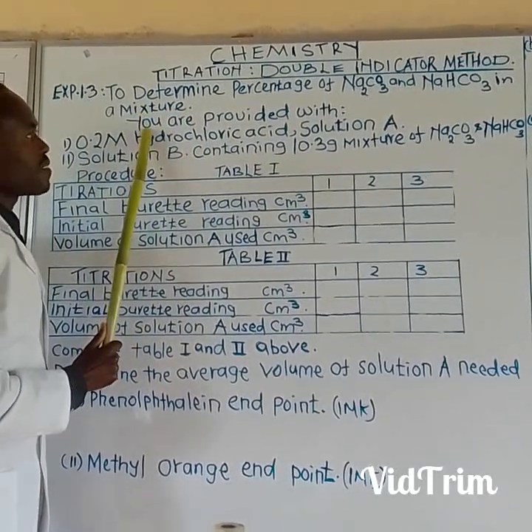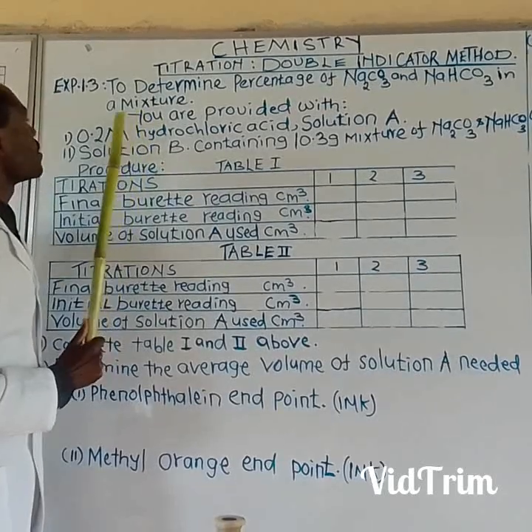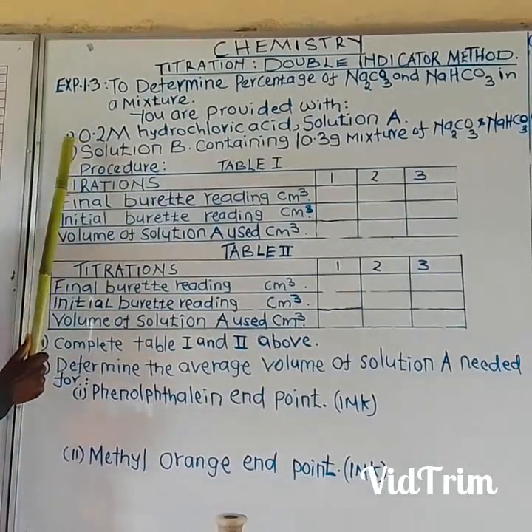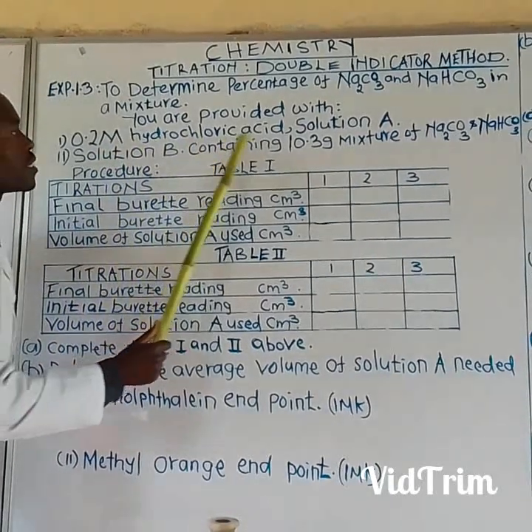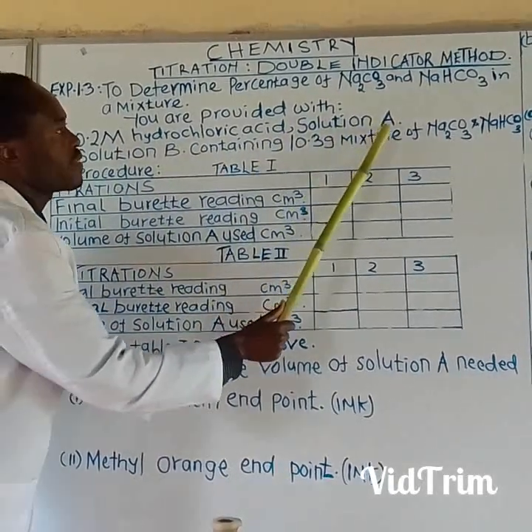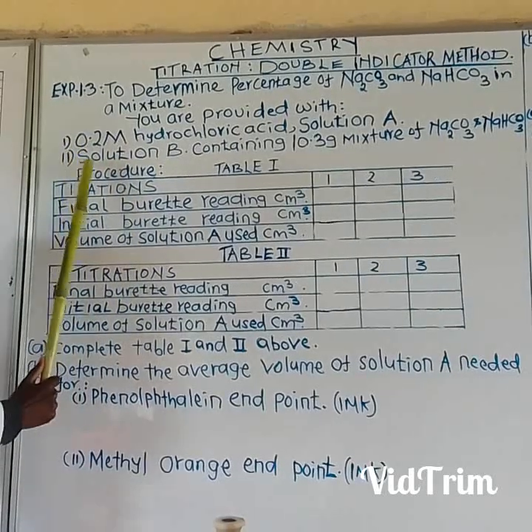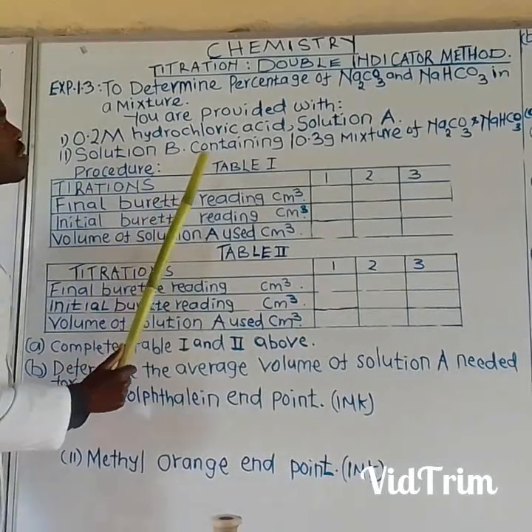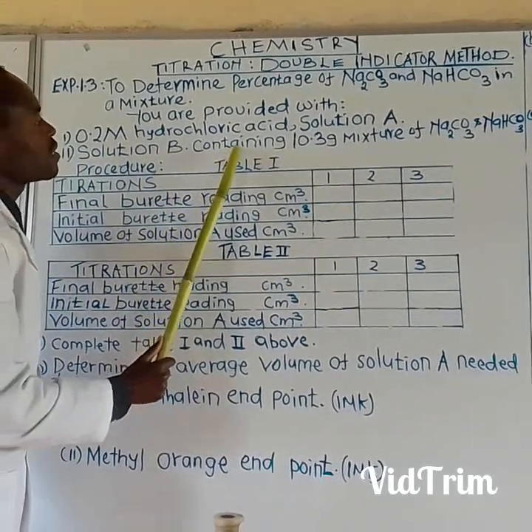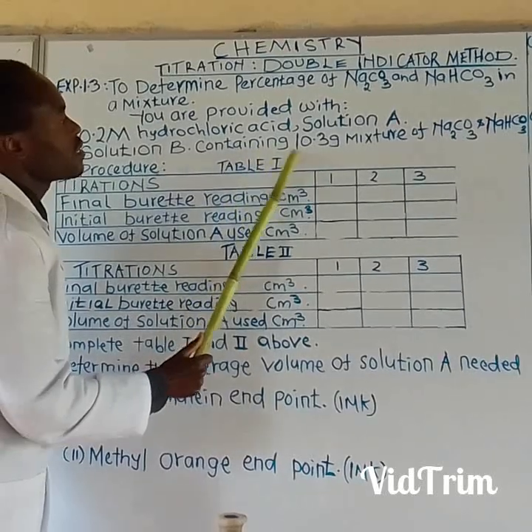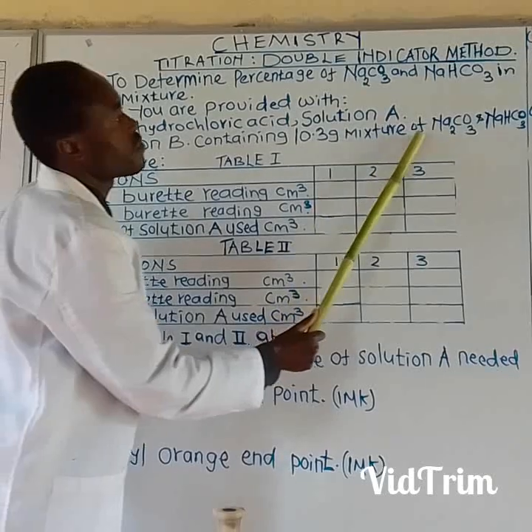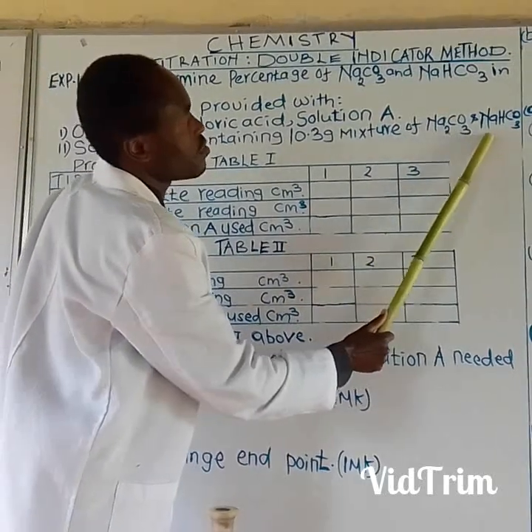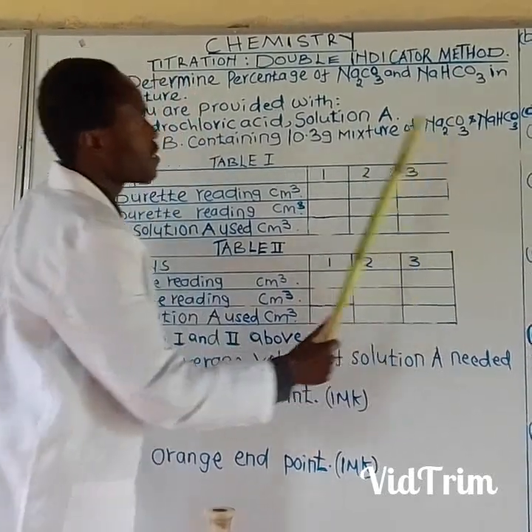And you have been provided with the following: 0.2 molar hydrochloric acid as solution A. Then you have solution B, and this solution B contains 10.3 grams of a mixture of sodium carbonate and sodium hydrogen carbonate.